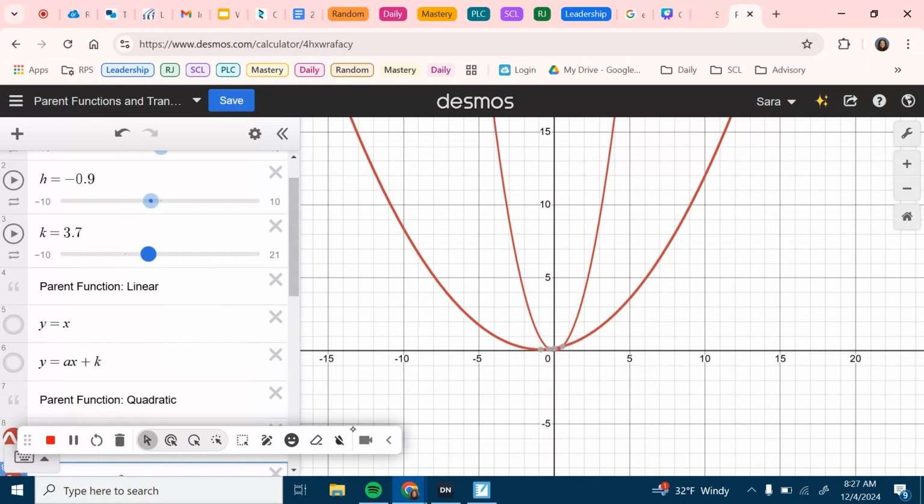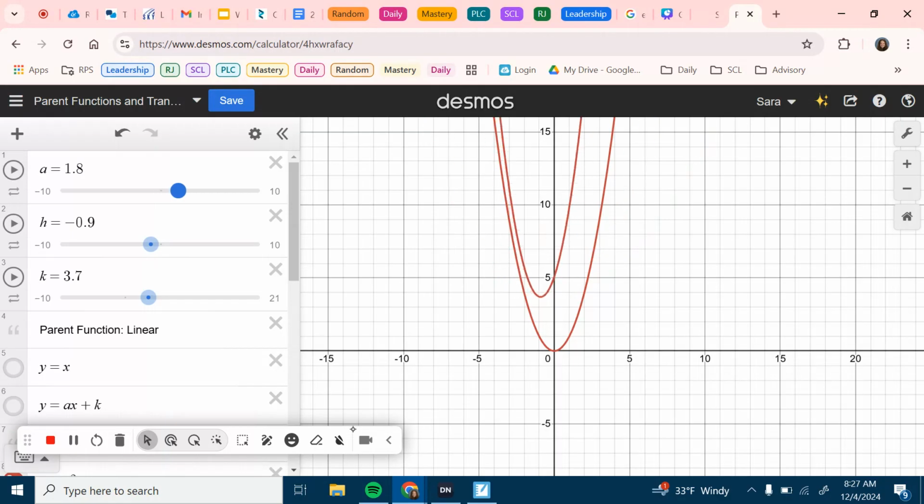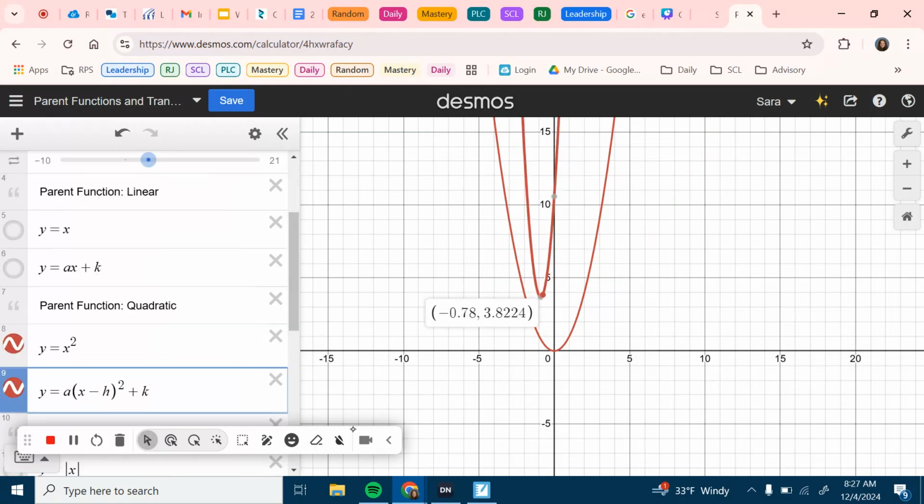Whereas if I make my a value really, really big, between each point we go from having our low point here to jumping all the way up to our next nice point. So in the course of one value, my height changes by a whole lot, okay?